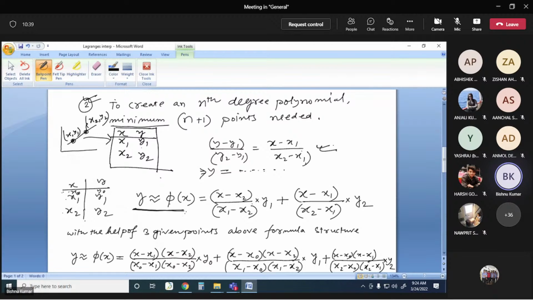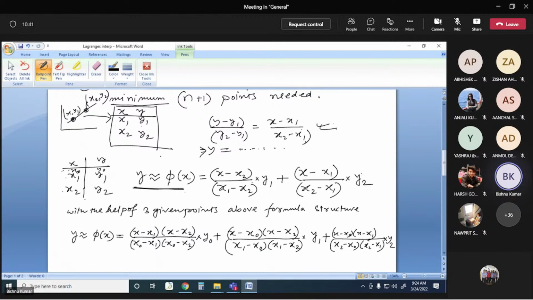That curve I am writing in this pattern. Try to remember this pattern. The straight line equation is this pattern. Try to remember this pattern, because I will use it for more points.